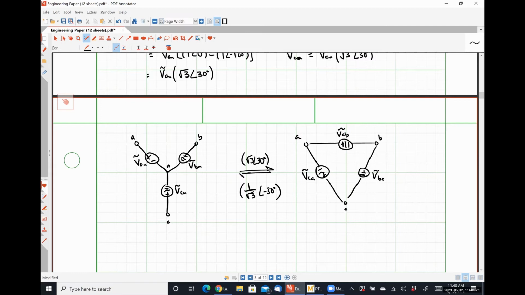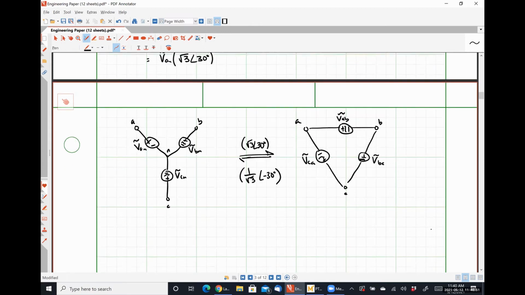Everybody okay with this? We're going to see lots and lots of multiplication by root 3 angle 30 and division by root 3 angle 30 in our work here, okay? I've just defined these factors both as a simple multiplication means, all right? That's helpful to me. So are there any questions regarding transformation between balanced sources? All right. So now let's look at transformation between balanced loads.